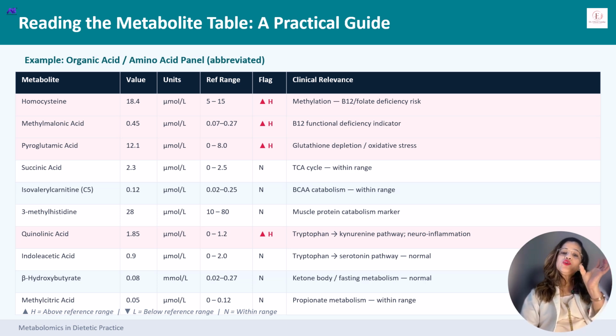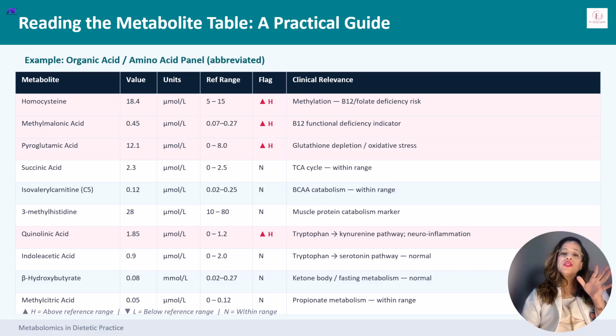The pyroglutamic acid, if it is 12.1 or more, is high. Now, when you talk about the pyroglutamic signal, this is for glutathione depletion and N-acetylcysteine insufficiency.